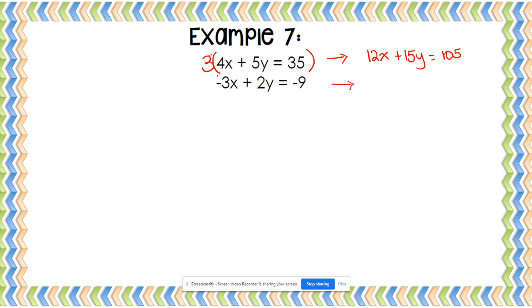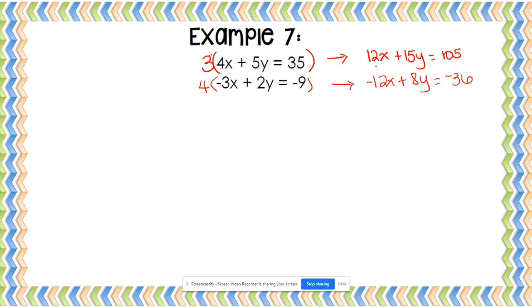So, what can I multiply -3 by to get negative 12? Well, I'm going to take negative 3 and multiply by 4. 4 times negative 3 is negative 12x. 4 times positive 2y is positive 8y. And 4 times negative 9 is negative 36.